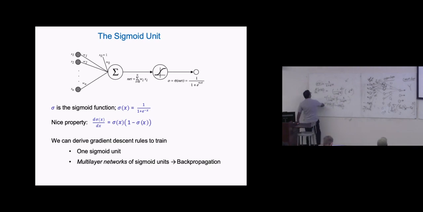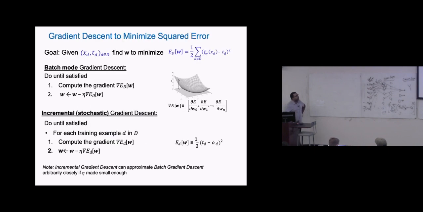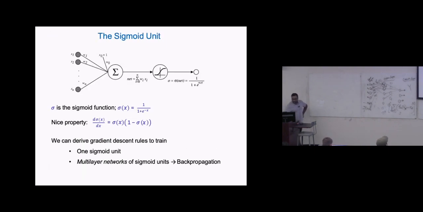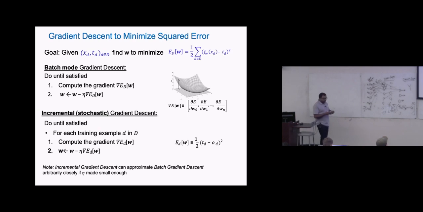So let's now try to see what is going to be our actual loss function, right? And we are obviously going to do gradient descent. So we know what the gradient descent formula looks like. And we had two different versions of gradient descent that we already learned in many different classifiers.